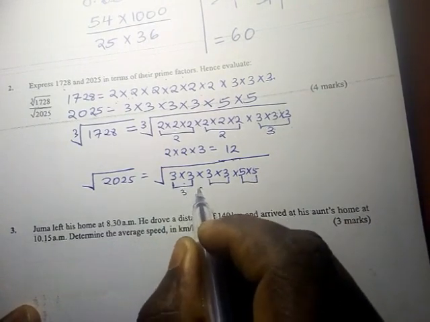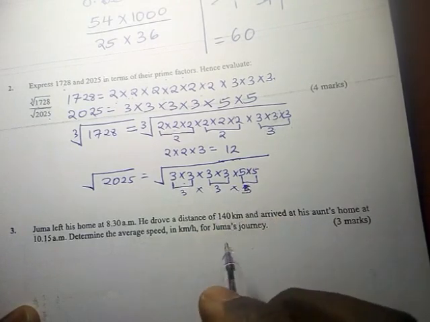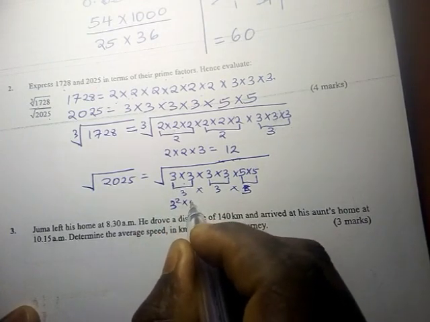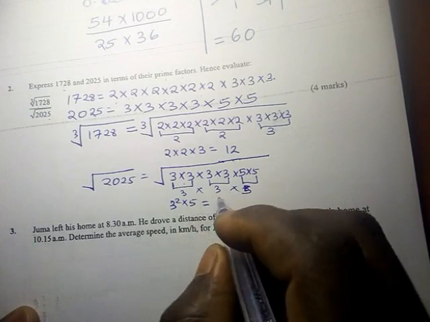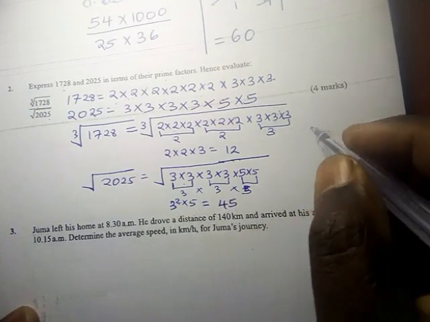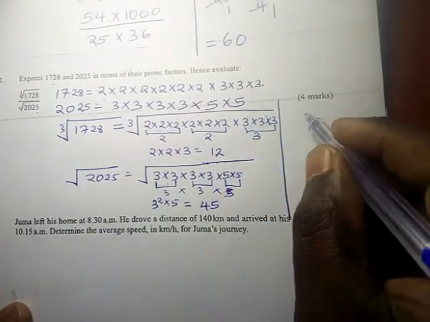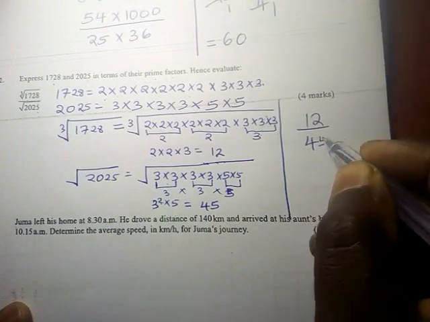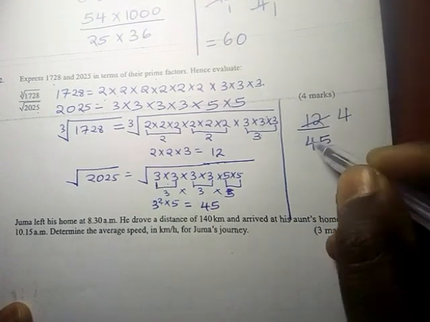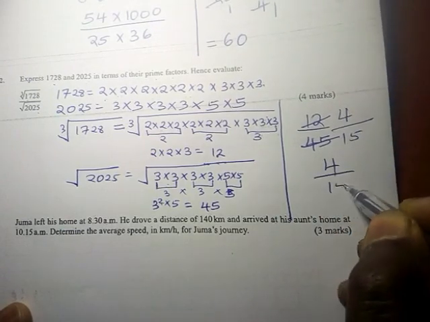So this one is 3 times 3 times 5. So this one is going to be 3 squared times 5. This is 9, that is 45. So now the numerator is 12 divided by 45. Now we can simplify, 3 here 4 times, 3 here 15. So it is 4 over 15.